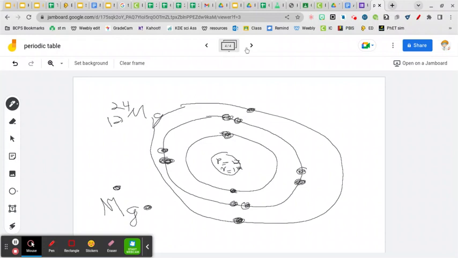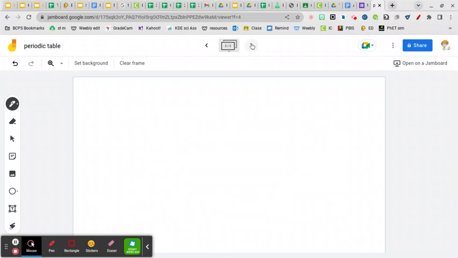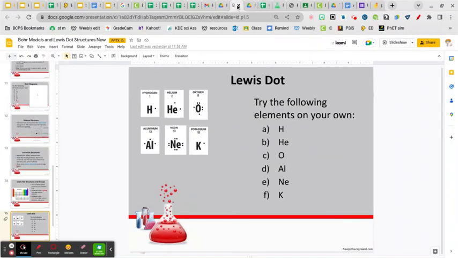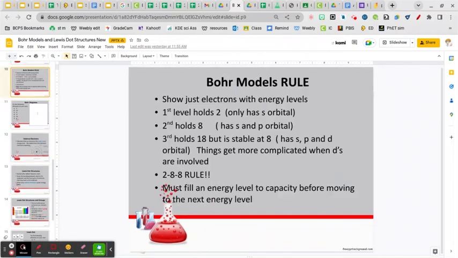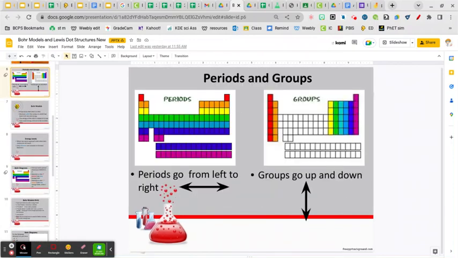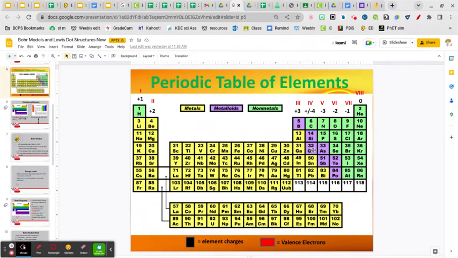If I had something with, let's pick chlorine, right? Chlorine, I would draw Cl. And if I go look at chlorine on my periodic table, I'm going to use this one because it'll tell you how many valence electrons it has right there. So here's chlorine. Chlorine has 7 valence electrons.